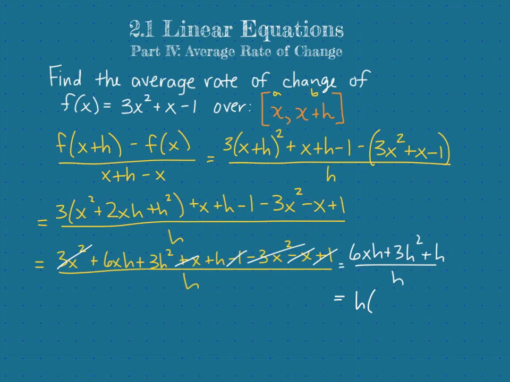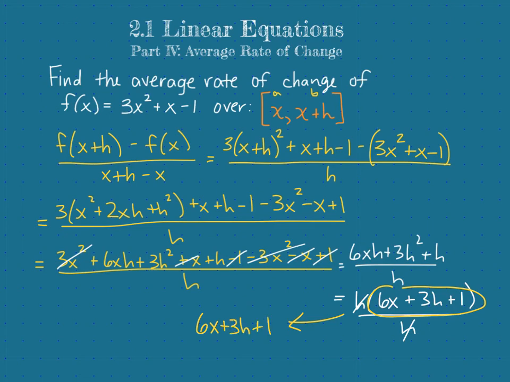So we'll factor our h out in our numerator. So our final answer, which I will write over here, is what's left. So it is 6x plus 3h plus 1.